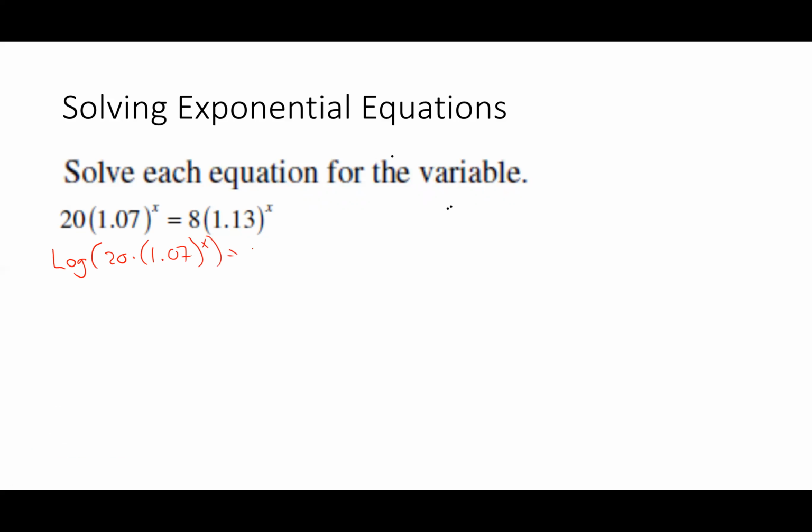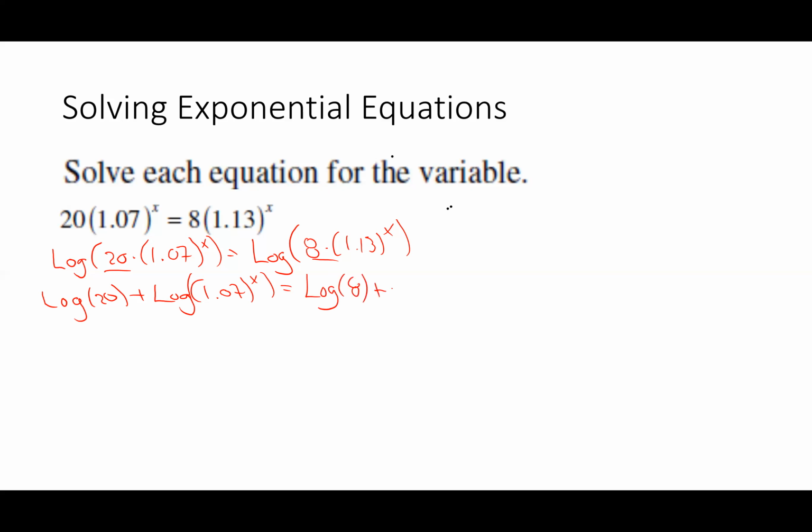Right now, since I've got multiplication inside of the log, that's going to change to addition outside of them. Okay. Now I'm going to use my exponent properties, crank those x's out front.